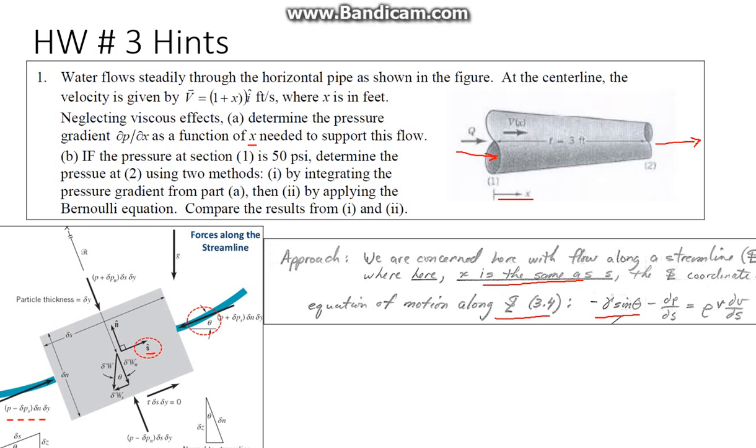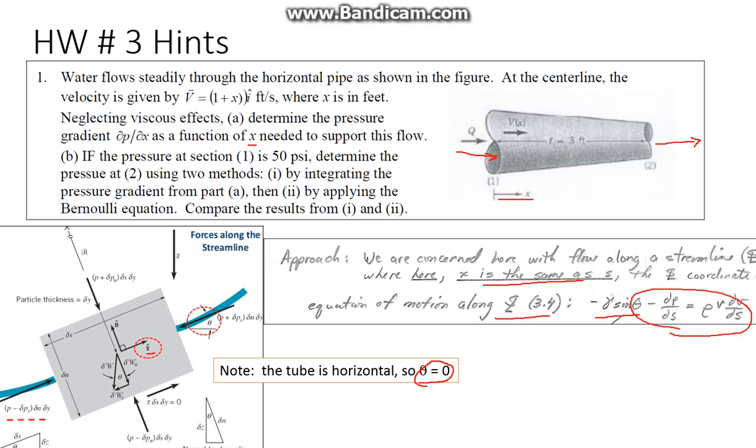Keep in mind in this case, the tube is horizontal, so you can just forget about that sine term because theta here is equal to 0. Once you do that, you'll end up with an equation over here, and you'll have to work on that and integrate it from one end of the pipe to the other, and you should be able to get part 1.